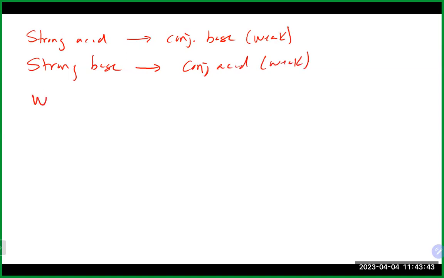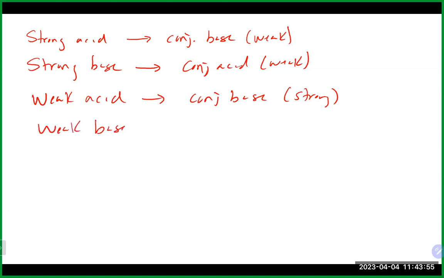If you have something that came from a weak acid, its conjugate base would be relatively strong. And if you had a weak base, its conjugate partner there, which would be the conjugate acid, would also be relatively strong. So this opposite relationship that we talked about, I think when we talked about Bronsted-Lowry acid-base pairs, is really important for salts.